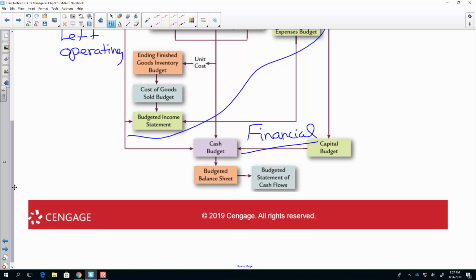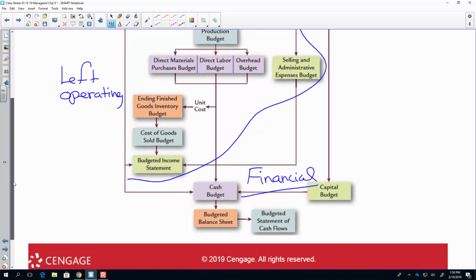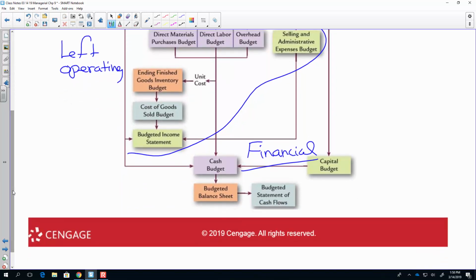So in our chapter 9, guys, we're doing all of the operational budgets and some cash and balance sheet budgets. We're not going to do statement of cash flows. We're going to do that in chapter 14. Budgeting is done in another chapter, 13 or something like that. So we'll be covering those a little bit later. But everything else we're covering here in chapter 9.